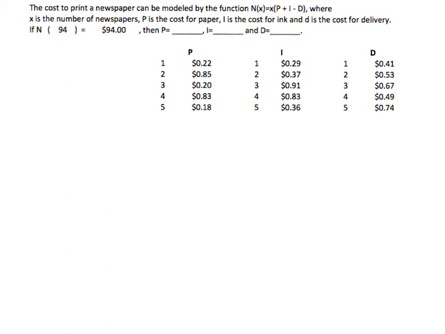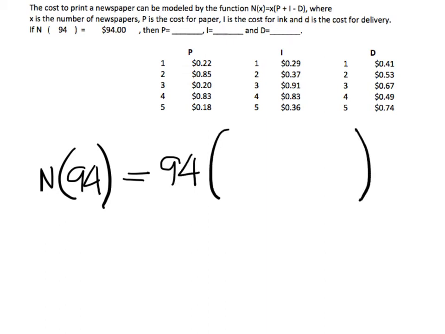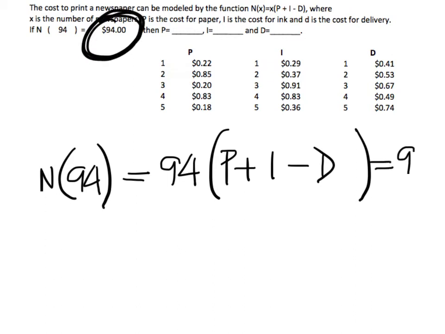Then find the cost of P, I, and D. If you put in 94, that means 94 times this quantity, P plus I minus D, must come out to equal this amount, $94.